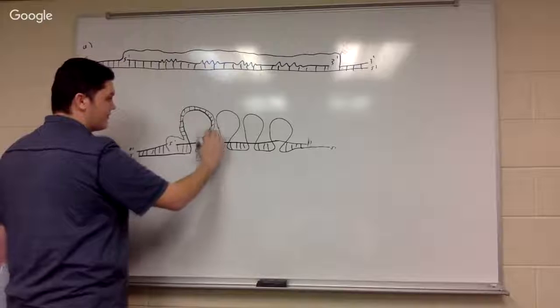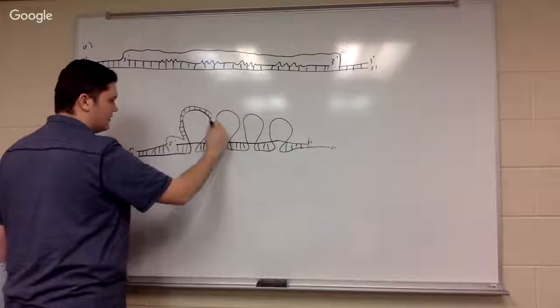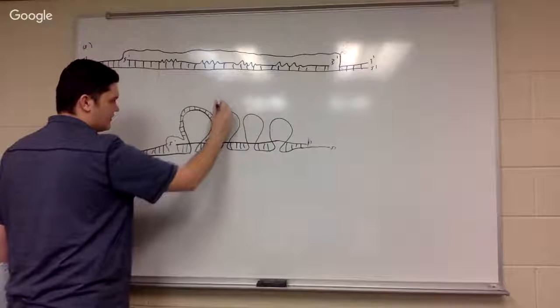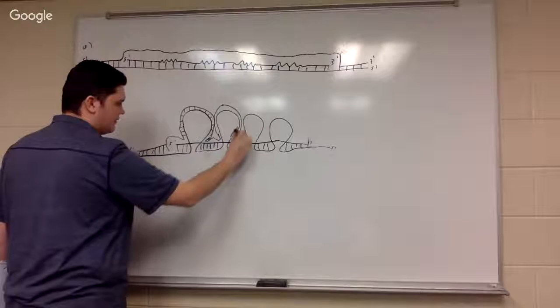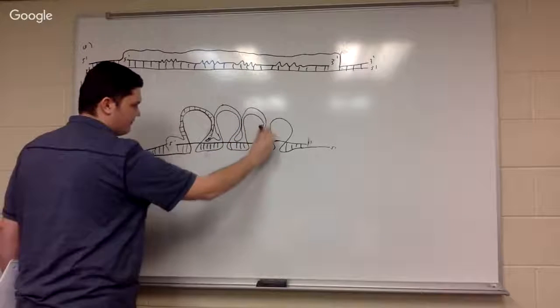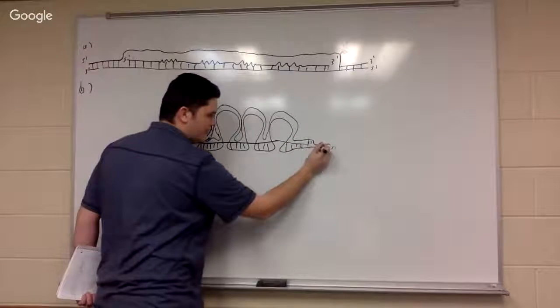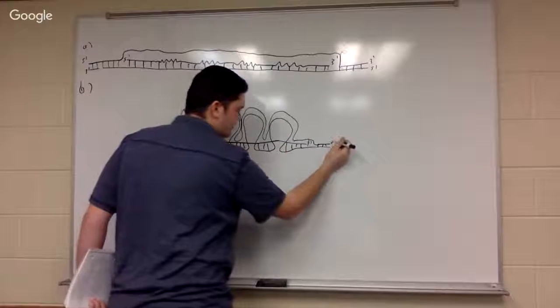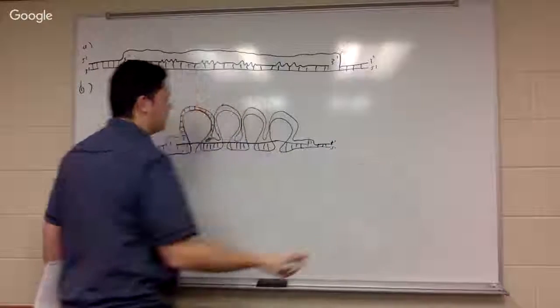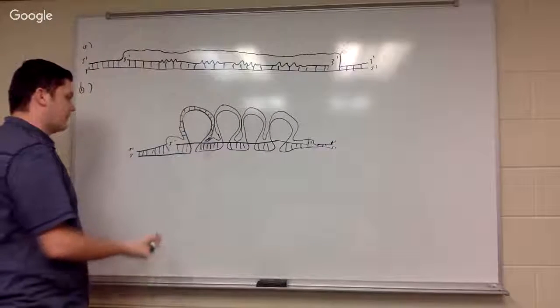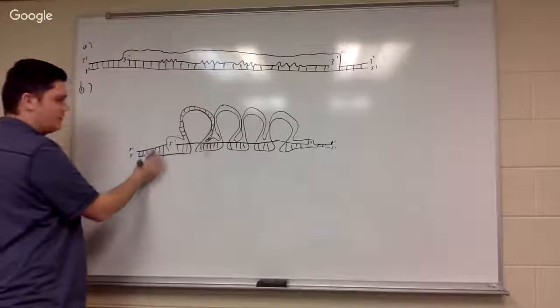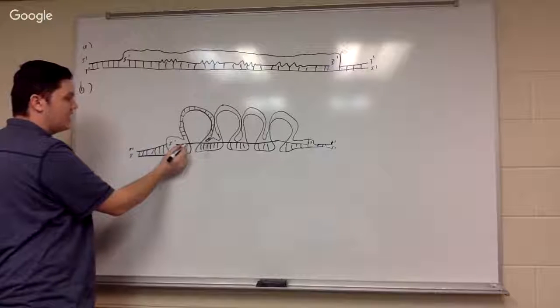And I made this kind of small, so it's going to have to just kind of do this. And then it's going to R loop here at the end until it can bind, then it'll start binding again and end at its 3' end. So template strand, coding strand, mRNA.